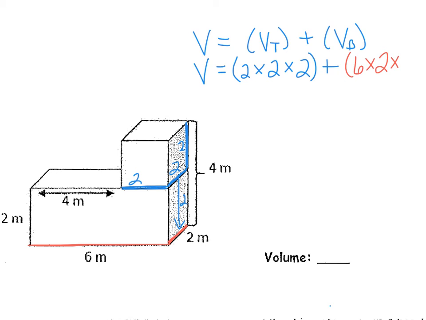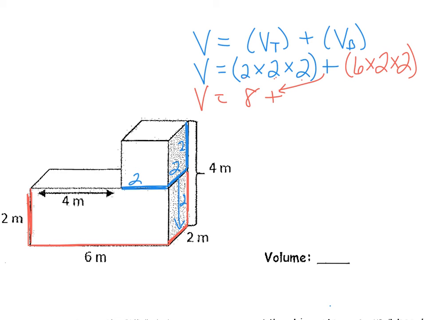They originally told me over here. So, times 2. Let's start multiplying. V is equal to 2 times 2 is 4. 4 times 2 is 8 plus.